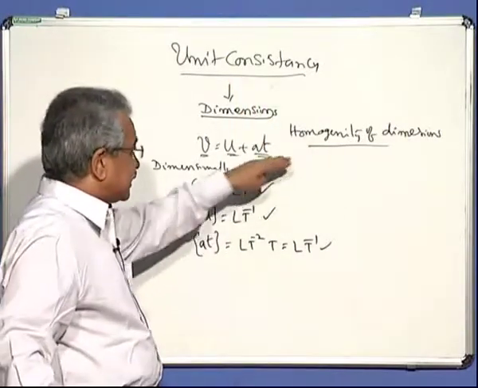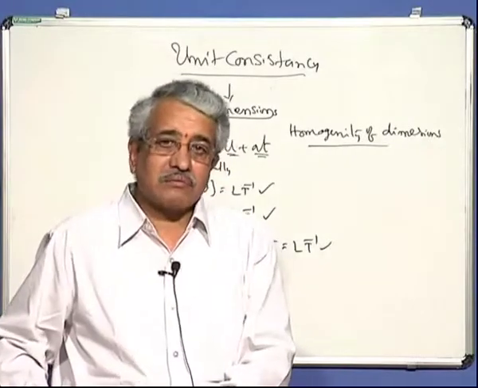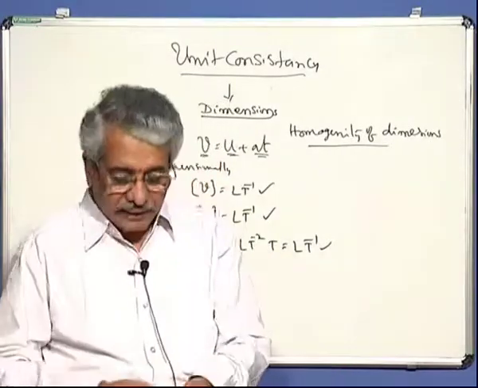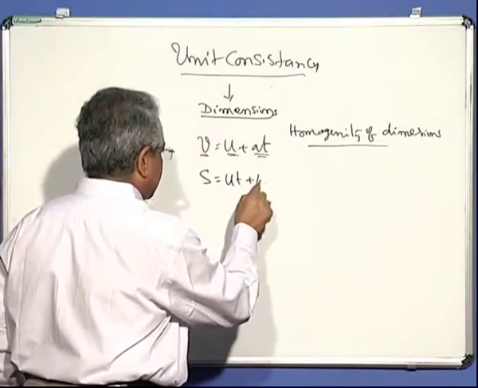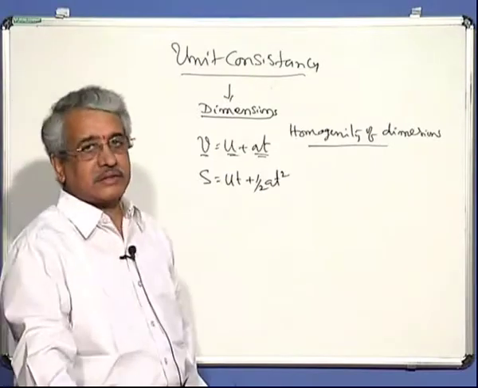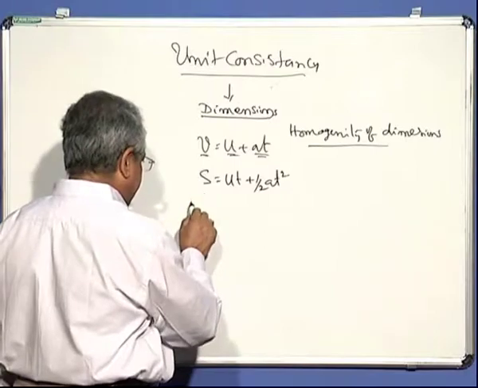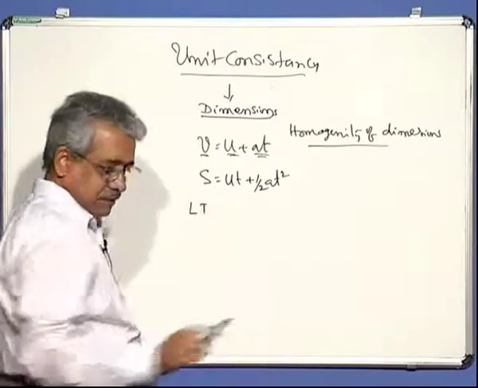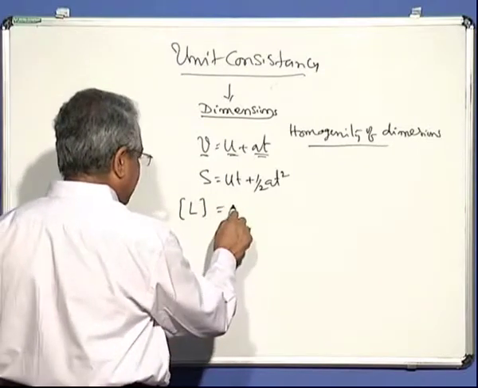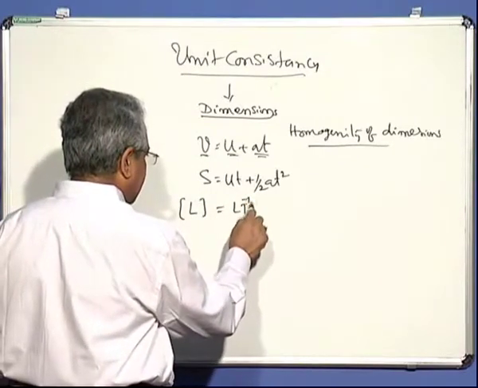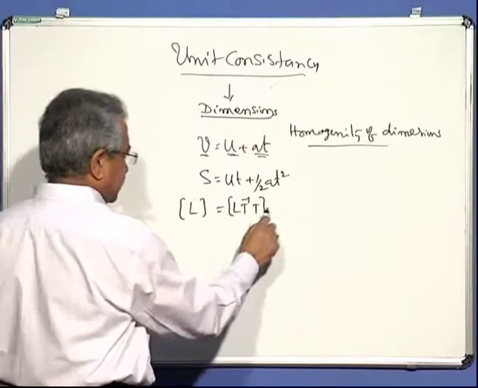It does not mean that if an equation doesn't obey this homogeneity principle, you cannot say the equation is wrong. Sometimes it is not possible to say that. I give an example here. You can take another equation, S is equal to ut plus half at square, the distance travelled by a body in t seconds. When you see this equation, you will find the dimensional formula. On the left side it is distance, displacement, so L. On this side it is LT minus 1 into t, that is the first term.